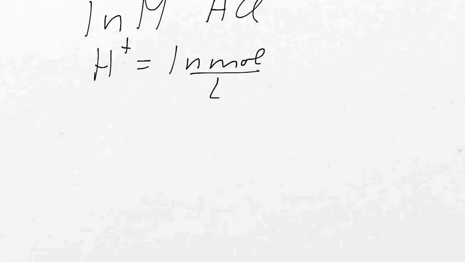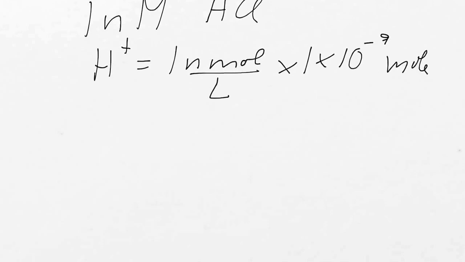Our proton concentration is 1 nanomole per liter, which equals 1 times, what's nano? 10 to the minus 9 mole per liter. Okay, so that's a given. We can't escape this fact. We put that into water, obviously. It's a watery solution.